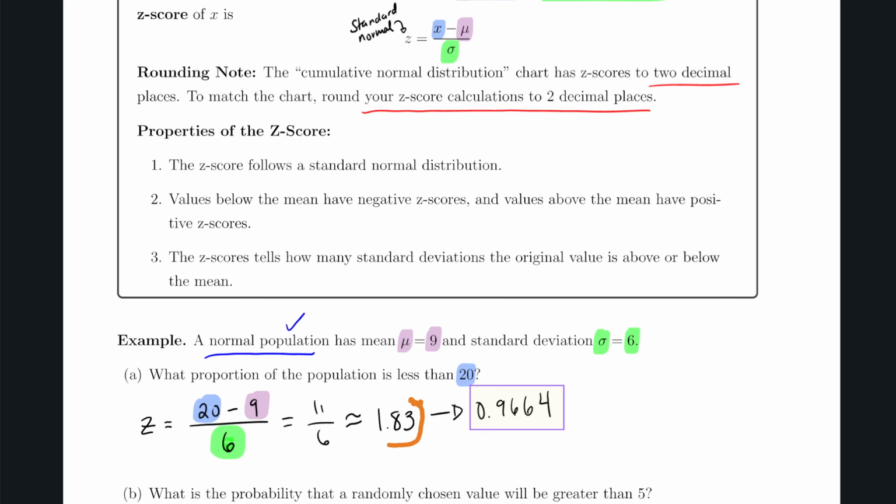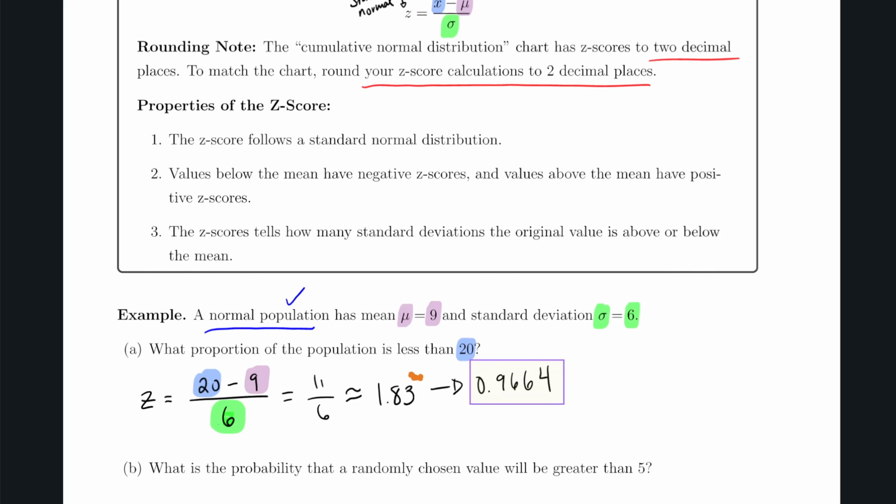So now as we look at our next example, what's the probability that a randomly chosen value will be greater than 5? So 5 here is now taking the place of our new x value of interest. However, I want to be cautious here. Do you see between A and B, A said less than 20, which is a perfect setup for using our chart because our chart tells us the area less than the point that we're interested in.